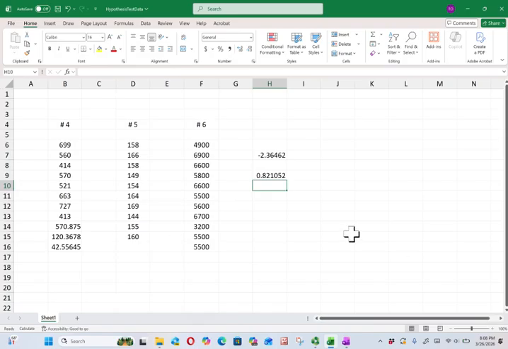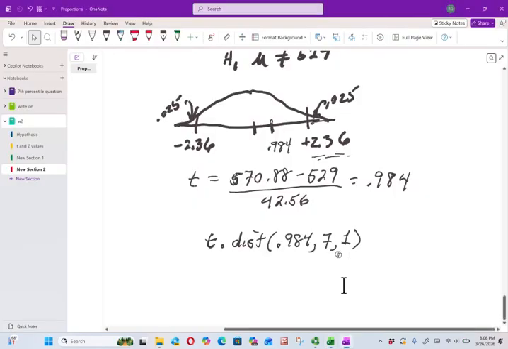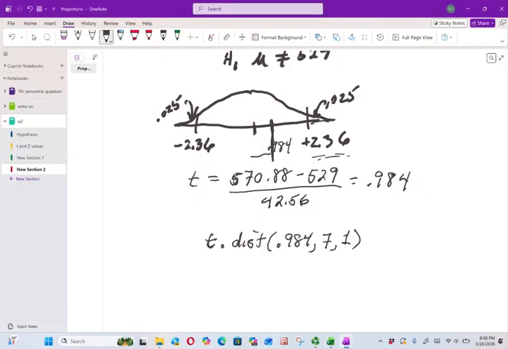So 0.984 is at the 82% mark in the distribution, so there is 82% of the distribution to the left, which leaves 0.18 to the right.